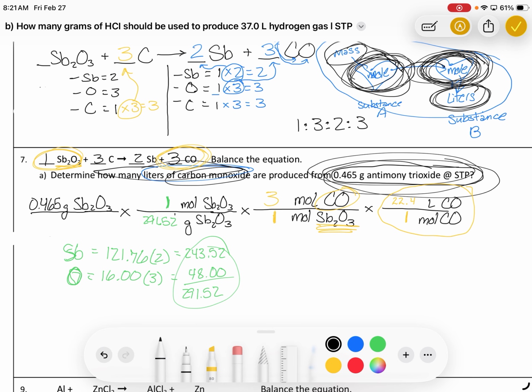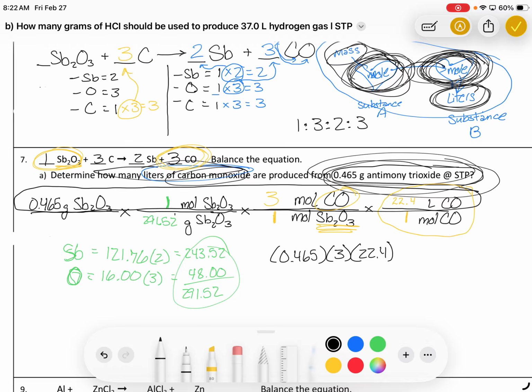In order to put this into our calculator to solve it, we're going to multiply all these numbers across the numerator. So we're going to do 0.465 times 3 times 22.4. Now, if you wanted to do this all in one step in your calculator, you could open a big set of parentheses and then divide that by 291.52. That just represents the product of all the numbers on the bottom, our denominator.